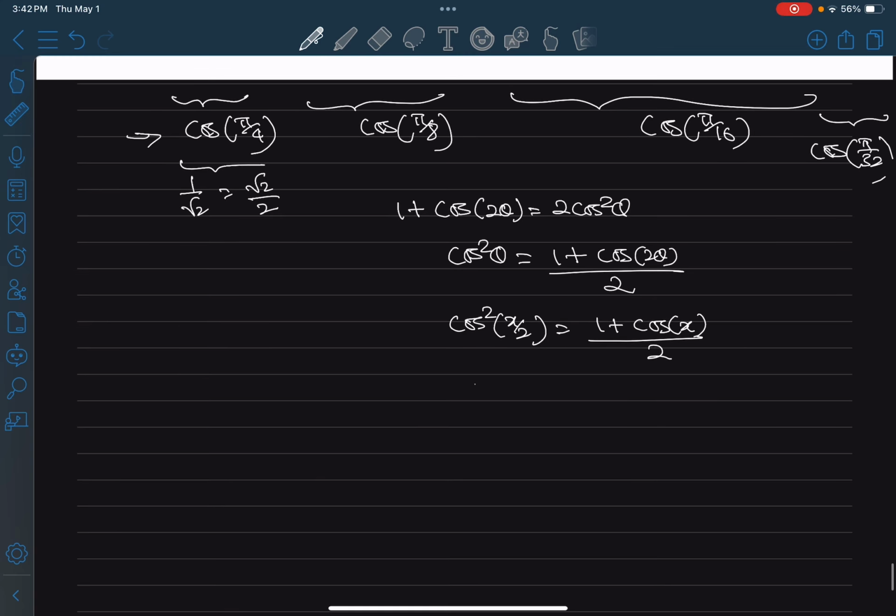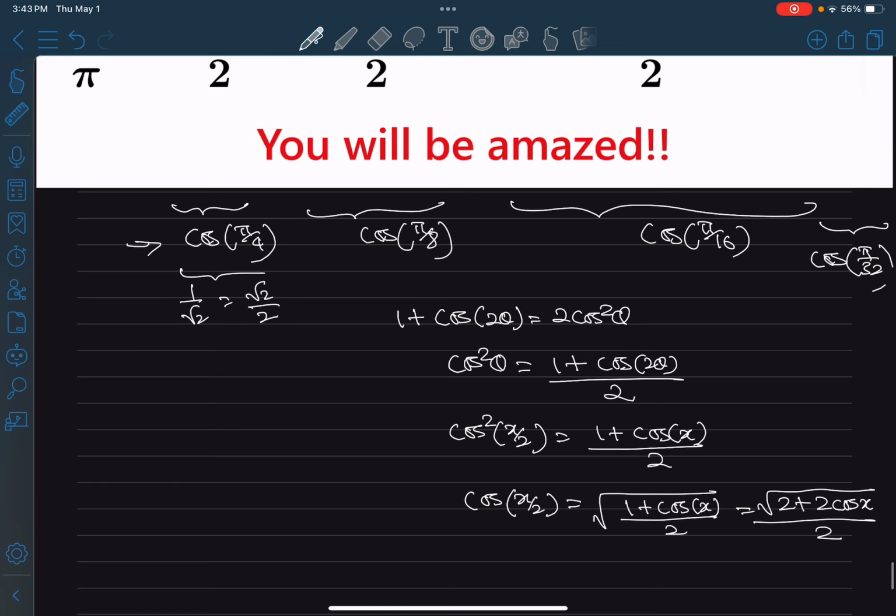And now I can say that cos of x by 2 is actually the square root of 1 plus cos x by 2, right? I'm going to modify this a little bit, and I'm going to write this as the square root of 2 plus 2 cos x, all divided by 2. So we have found this formula that cos of x over 2 is the square root of 2 plus 2 cos x, divided by 2, right?